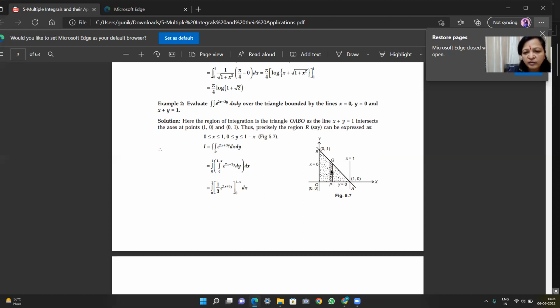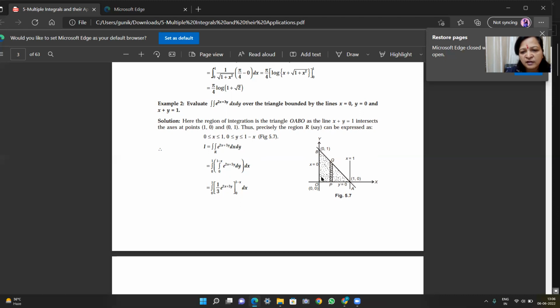So when we move this strip from left to right to cover the entire area, we can see that the value of x varies from x equal to 0 to x equal to 1, and the value of y varies from y. इस स्ट्रिप का जो लोअर एंड है, that is lying on the x axis. तो on x axis y equal to 0, and the other part is lying on this straight line, and on this straight line we have x plus y equal to 1, or y equal to 1 minus x.